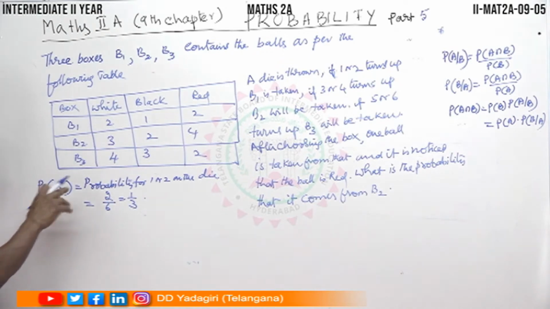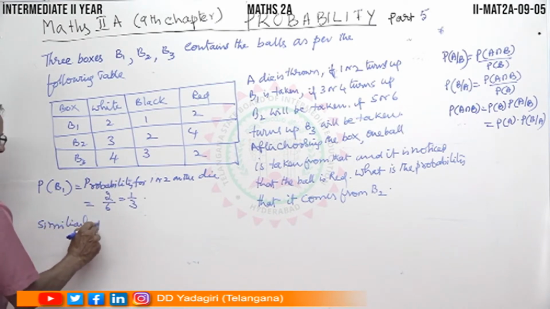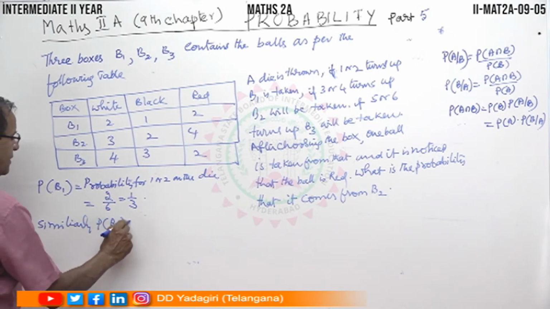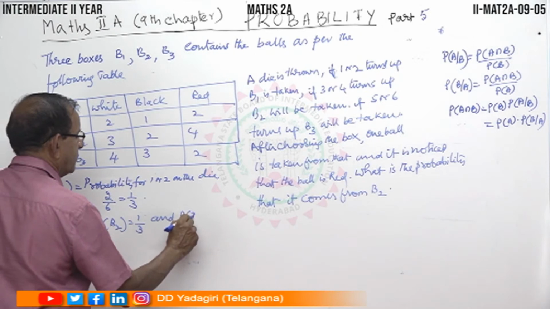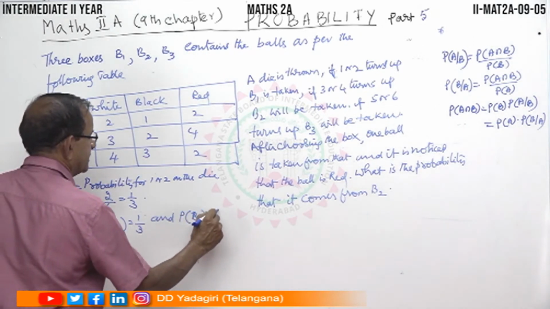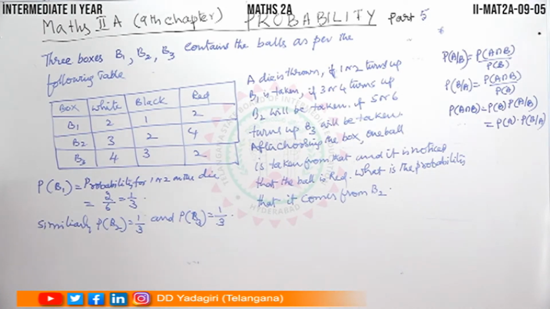Similarly, P of B2, some other 2 numbers, but the probability is the same. P of B2 is equal to 1 by 3, and the probability for box 3, P of B3, is also 1 by 3.